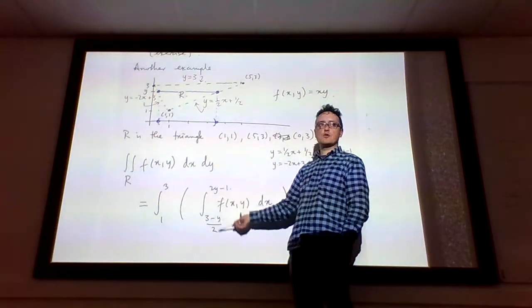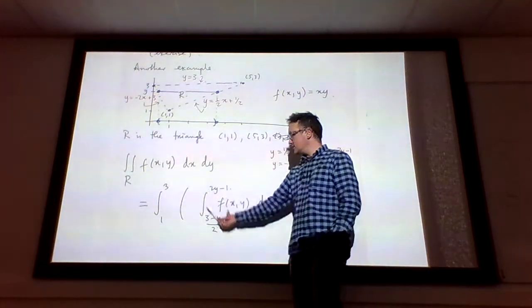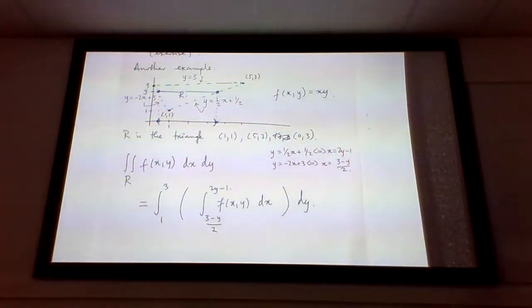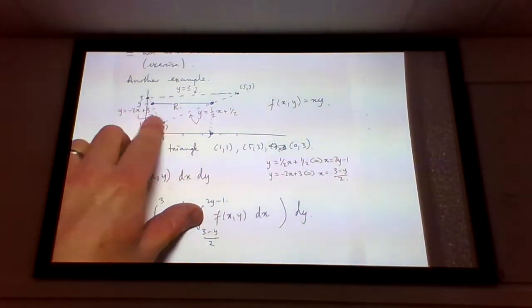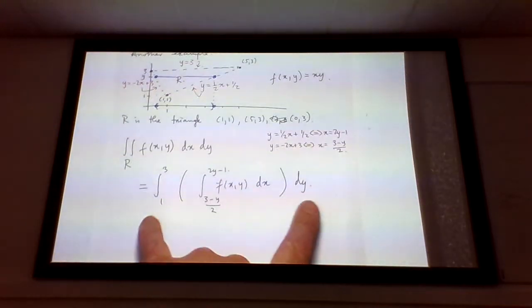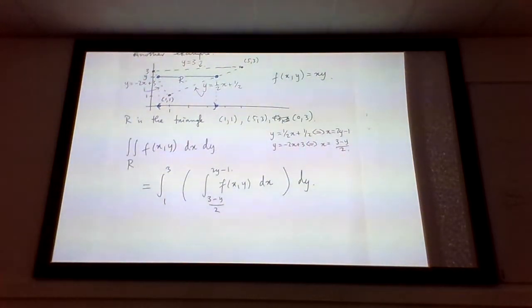So this introduces more y variables. The value of the inner integral is certainly a function of y, as expected, because the cross-section changes depending on the value of y. And then that is integrated out with the y integral afterwards. Okay?